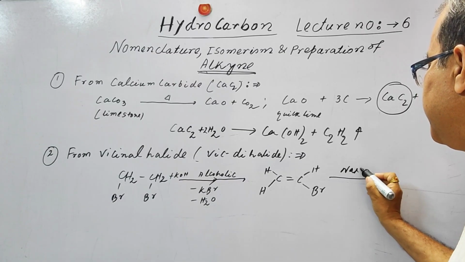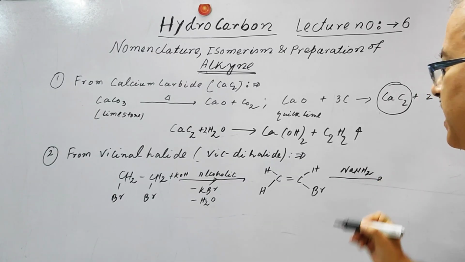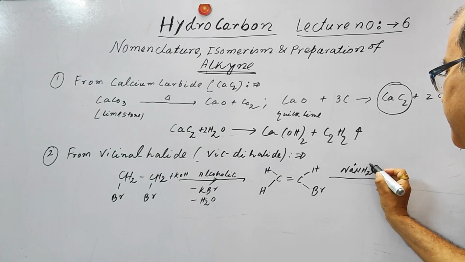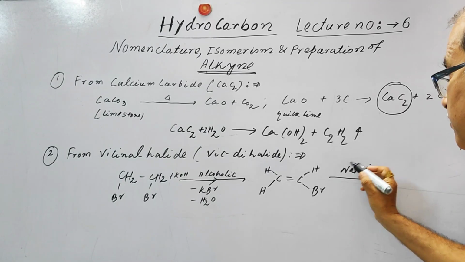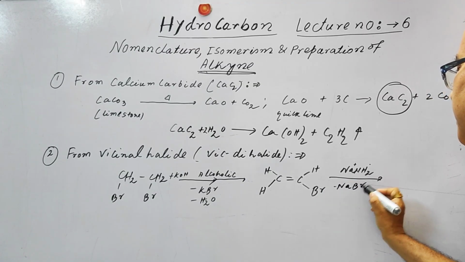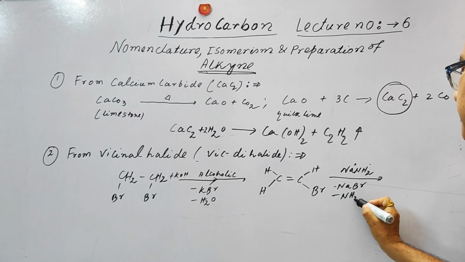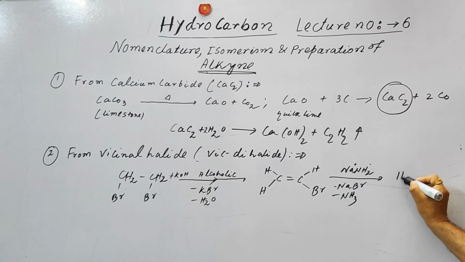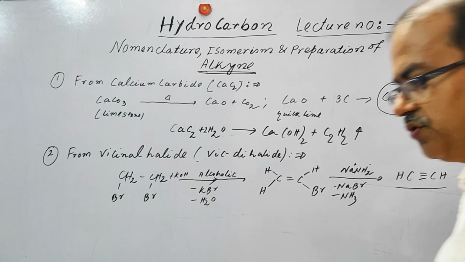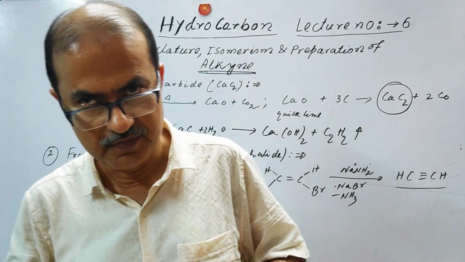When this ethenyl bromide reacts with sodamide, which is also an ionic compound, the Na takes up the Br, minus NaBr and minus NH3, and it produces acetylene. So we can understand there are two ways by which we can prepare this.